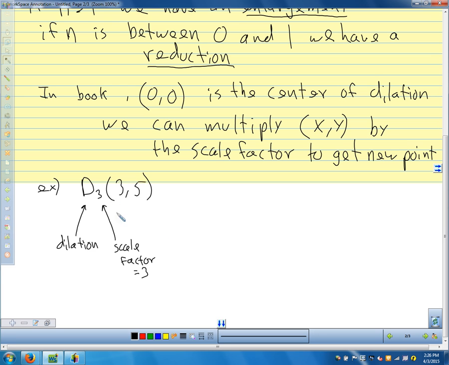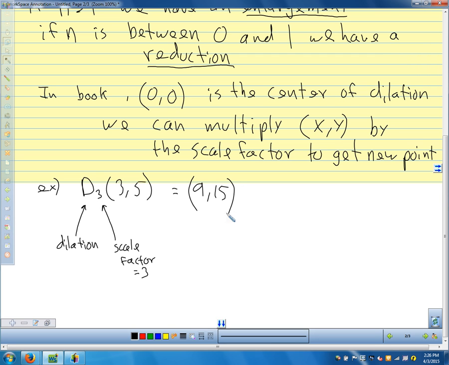So this is how we write a dilation: dilation, scale factor of 3. When we write it like this, we're assuming that our center of dilation is the origin. We just multiply each one of these by 3. 9, 15. And that's all we have to do.